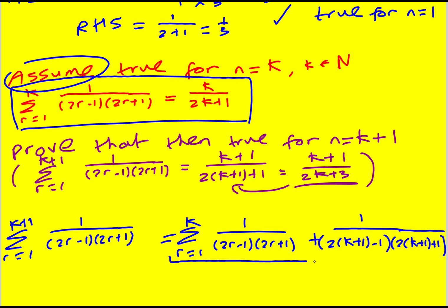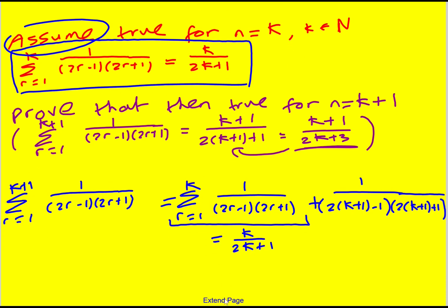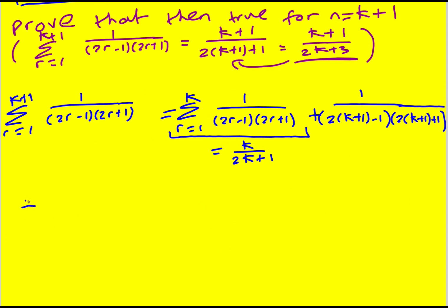But now I can use my assumption that this thing here is actually equal to k over 2k plus 1. So it's then going to become k over 2k plus 1 plus, and I'm going to expand and simplify this. I'm going to get in a bracket 2k, then plus 2 minus 1, so that's plus 1.